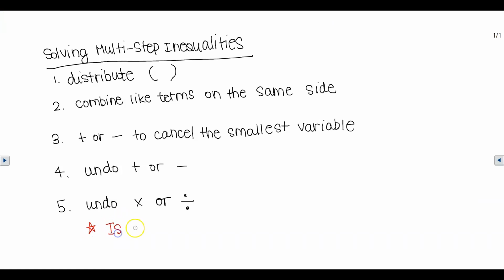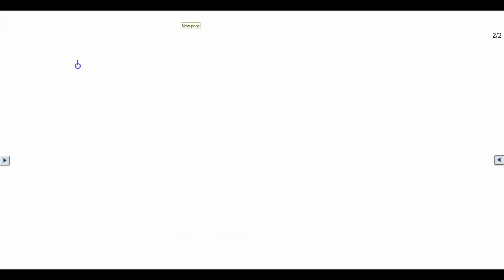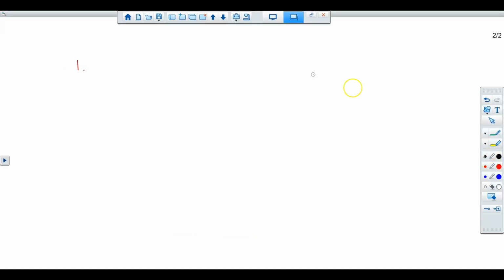So you do, on this step, need to ask yourself that question, is it a flipper? So add that on and continue to get yourself in the habit of doing that. So let's solve some problems here. And this should feel awfully familiar because it is a lot like what we did with our equations.